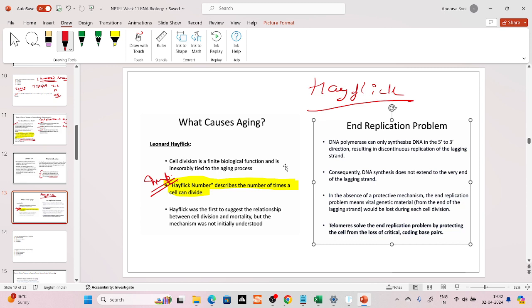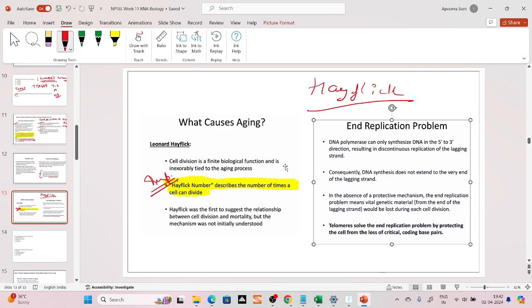In the lagging strand you have Okazaki fragments, and synthesis occurs in Okazaki fragments. The name suggests it: the leading strand replicates first, and the lagging strand lags in the replication.